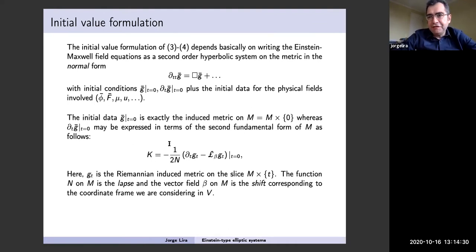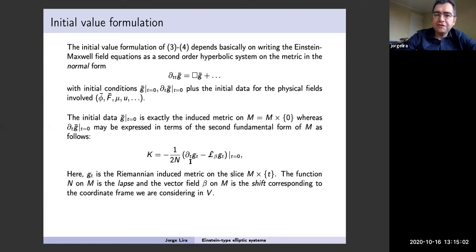The idea is that you fix some initial metric in the leaf M, and you can write, as expected, the first derivative of the metric at that time t0 as the second fundamental form of the leaf M. So, thanks to this expression here, you can relate the first derivative of the metric in terms of the second fundamental form.